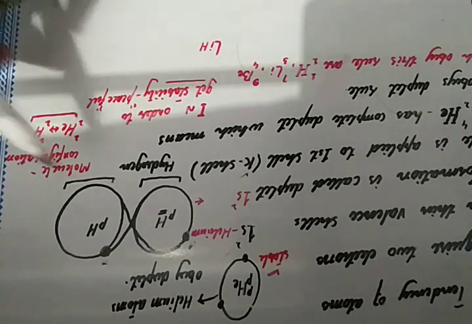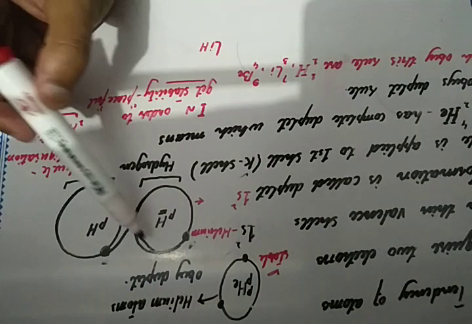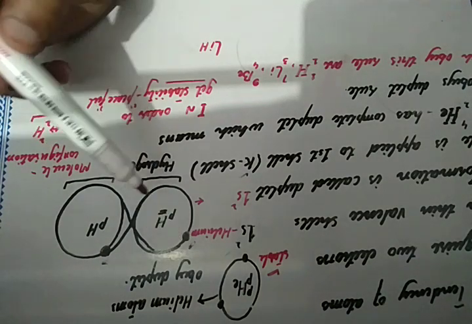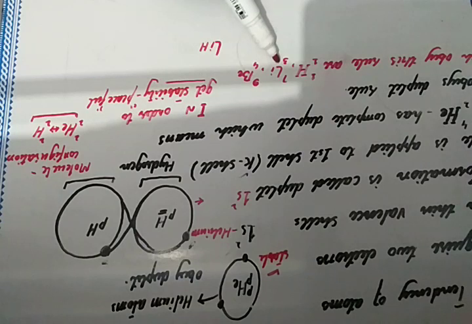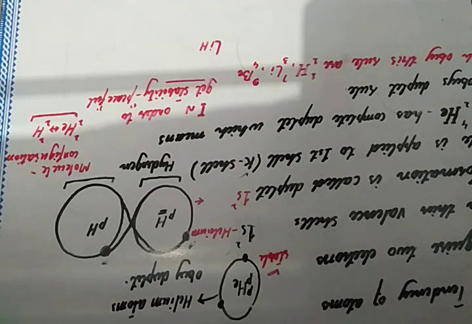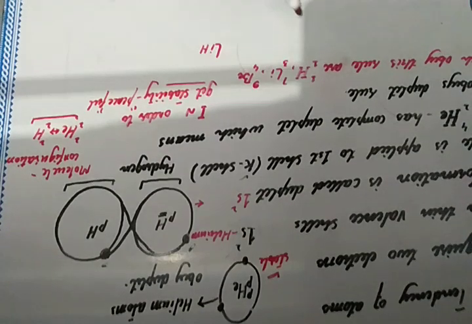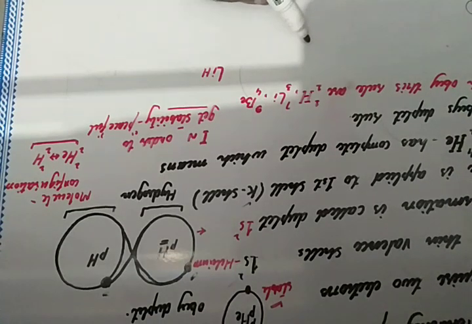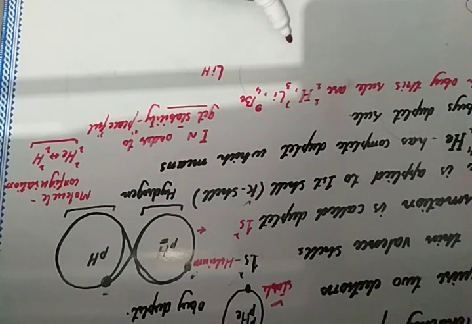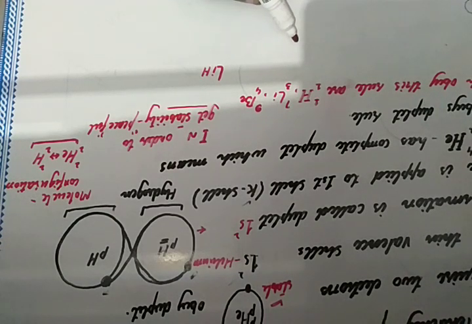As you can see here, the hydrogen has only one electron, and if you look at the atomic number of lithium, so if we draw lithium over here, it will be somehow like this. Lithium has 3 electrons, atomic number 3.